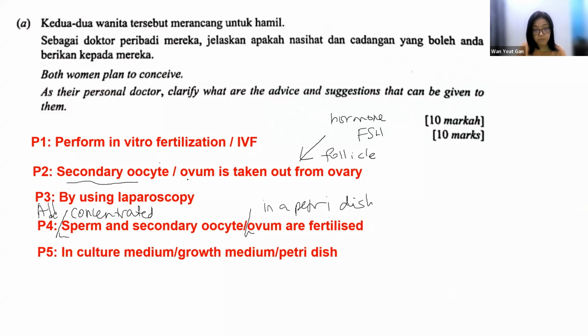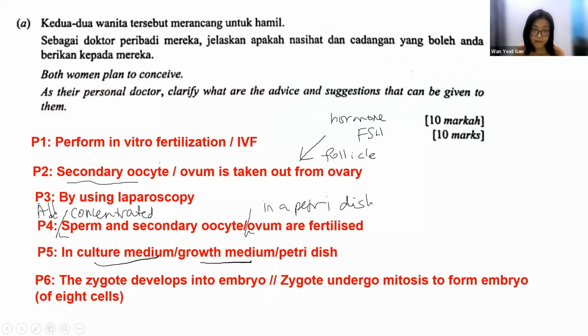So the medium in a petri dish is called culture medium. This medium has all the growth components for the zygote to grow into an embryo, providing all the nutrients.